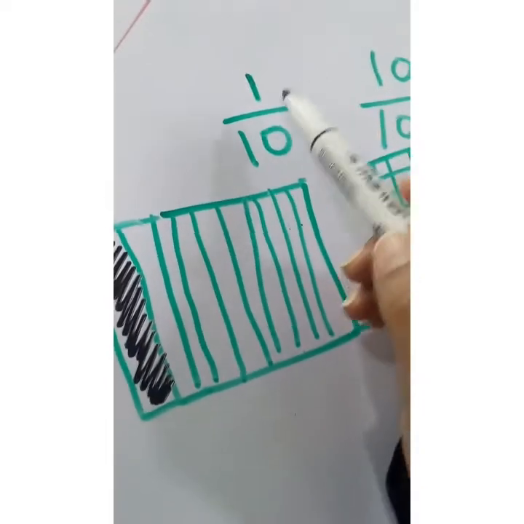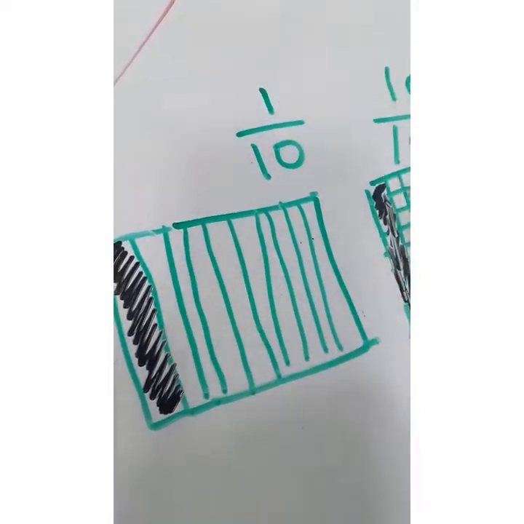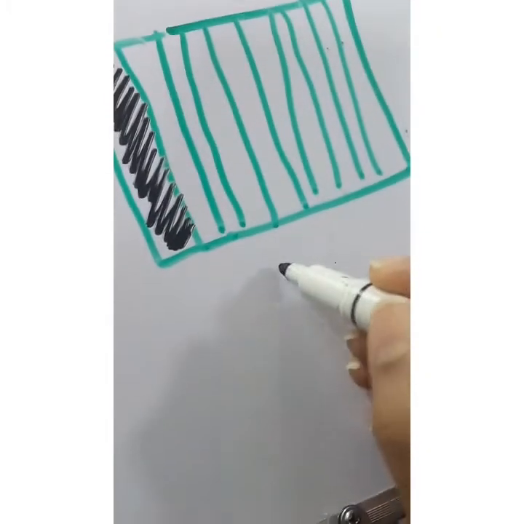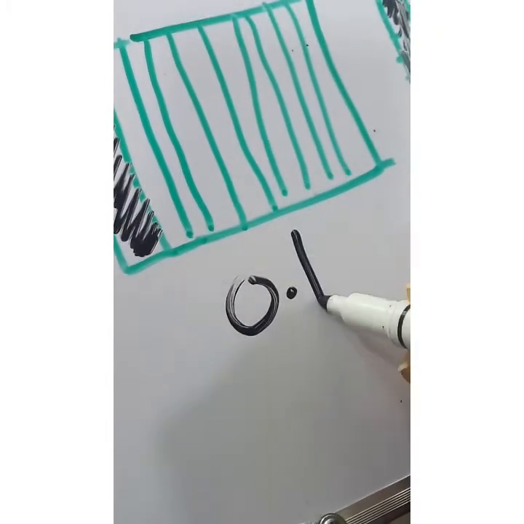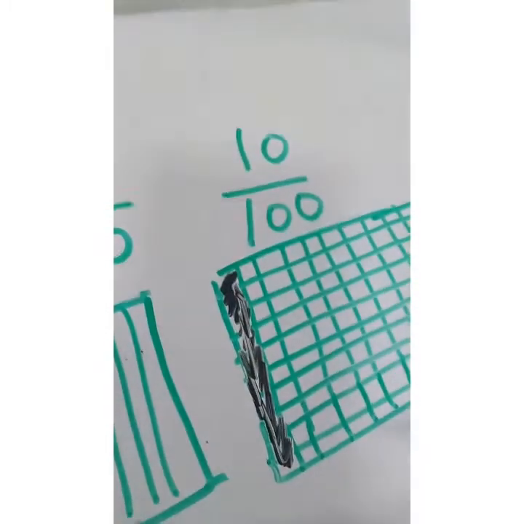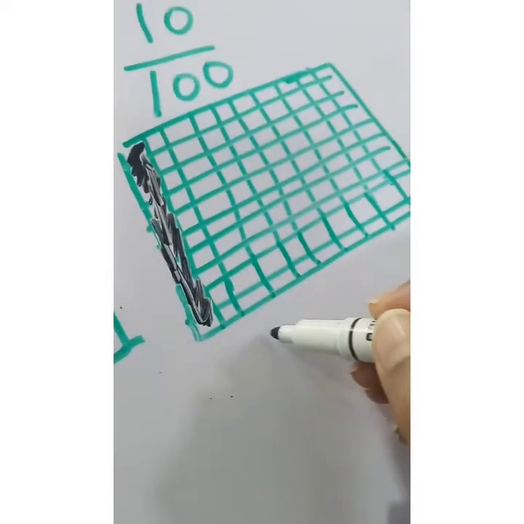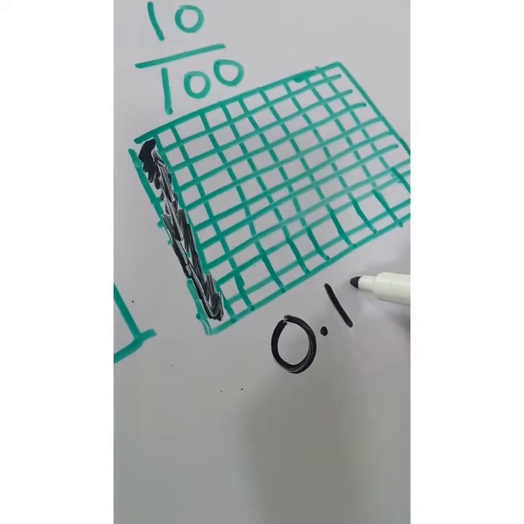If you go and change this to a decimal, 1/10 is 0.1. Change this one, 10 hundredths, it will be 0.10.